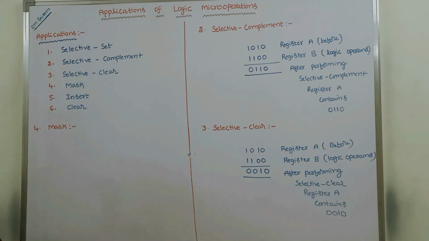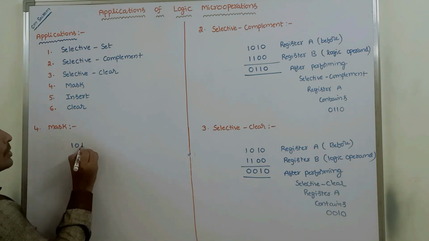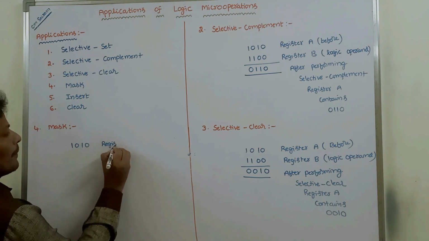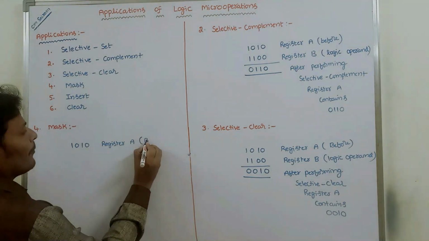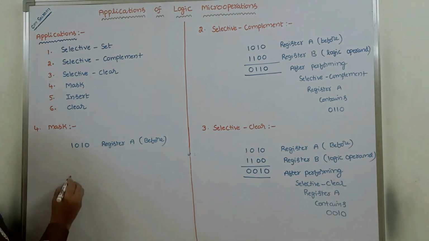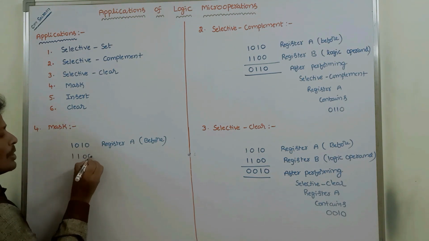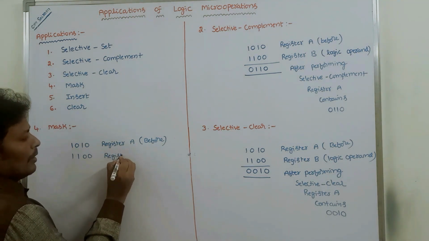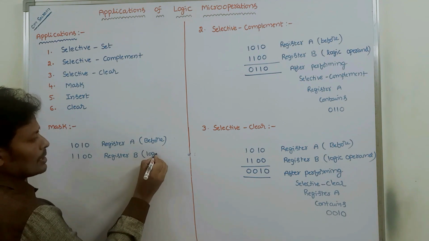Suppose register A contains 1, 0, 1, 0, before performing mask operation. Next, register B contains 1, 1, 0, 0. So this can be taken as logic operand.